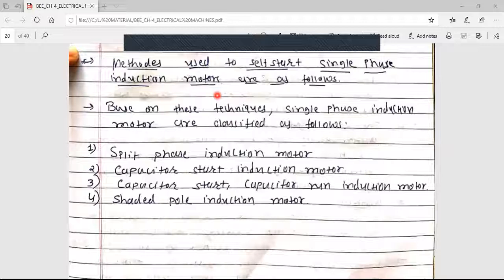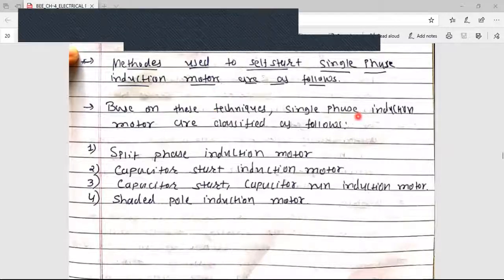So to start it, there are various techniques, and based on these techniques, single phase induction motors are classified as follows. These four are the types of single phase induction motor according to the starting method.